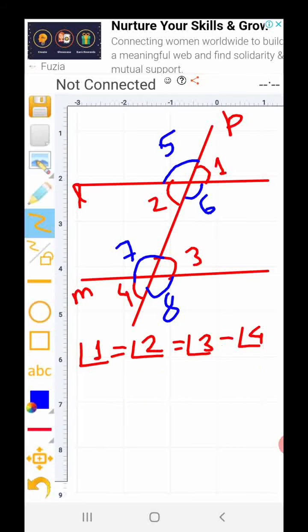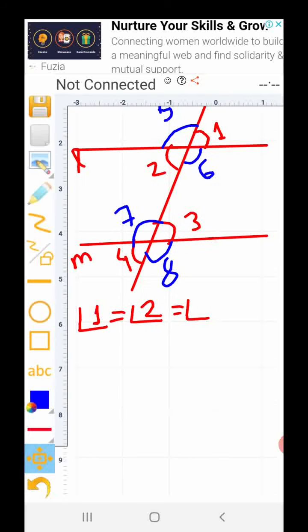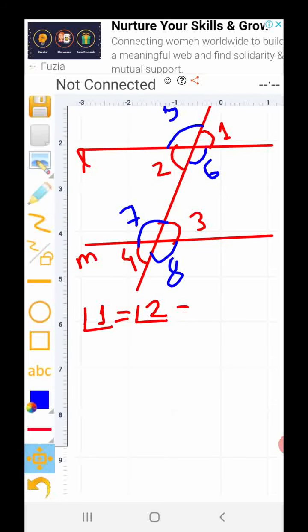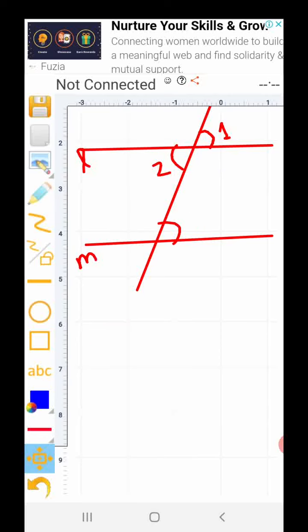Suppose the lines are parallel this way.